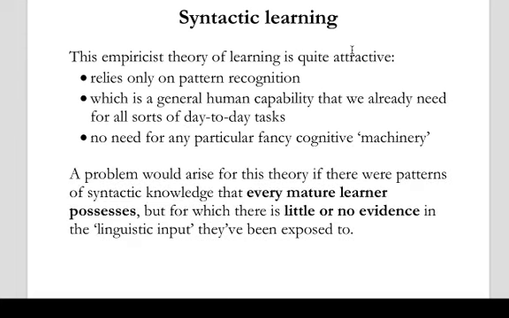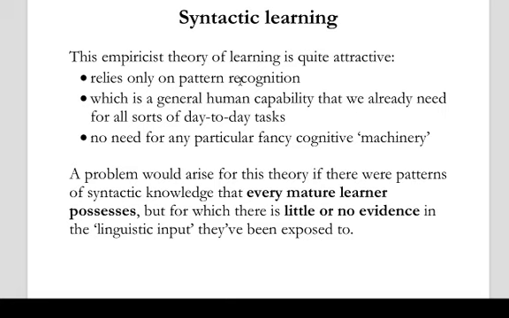If we could show that people possess knowledge like constituency structure, but without any evidence in their input, that would be a big problem for this empiricist theory of syntactic learning. Right? So nothing that we've looked at so far, this constituency and distributions and headedness, seems like it would necessarily be a giant problem for empiricist syntactic learning.